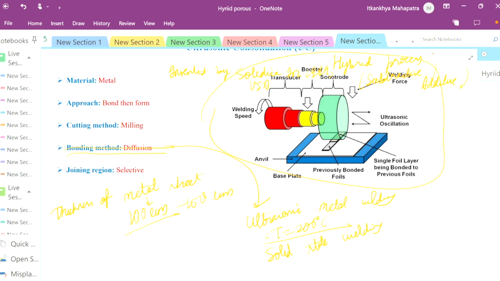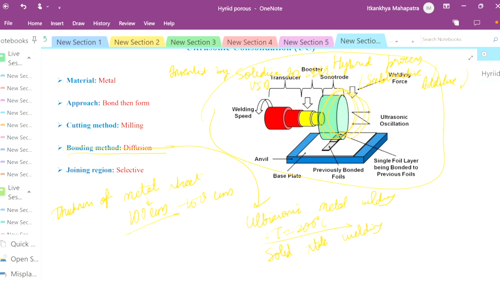We have this ultrasonic oscillation. The oscillation here is in the transverse direction, which you are seeing. When this oscillates, it will vibrate, and the frequency should be in the ultrasonic range.